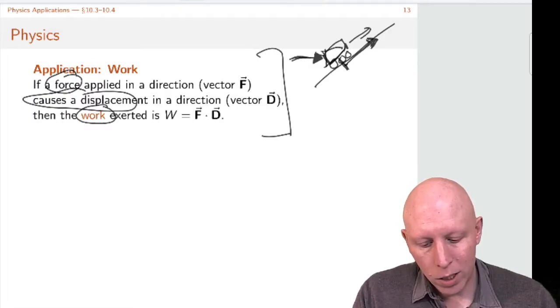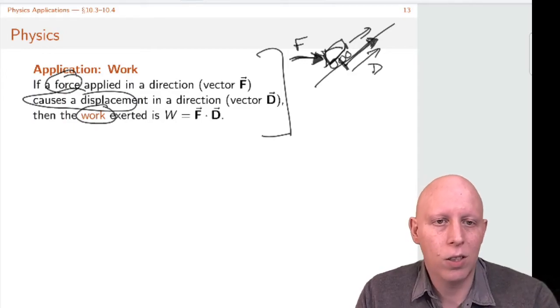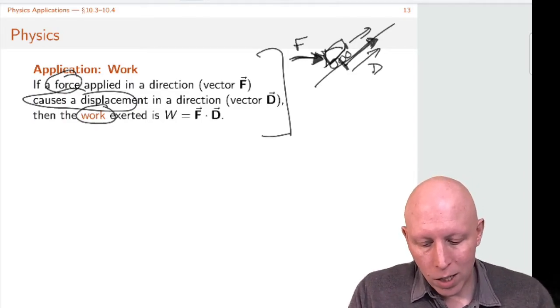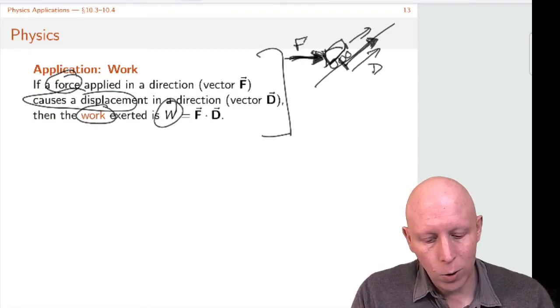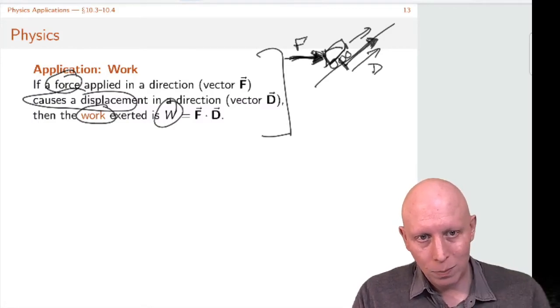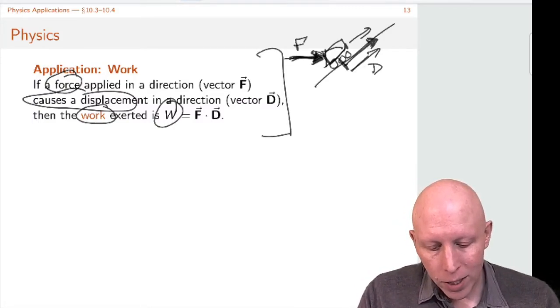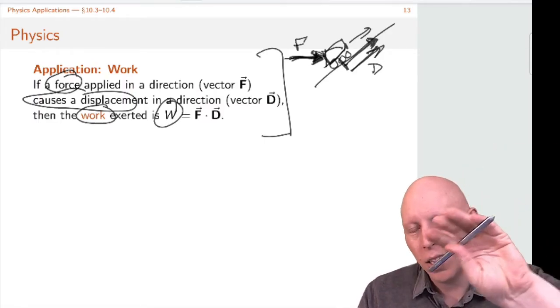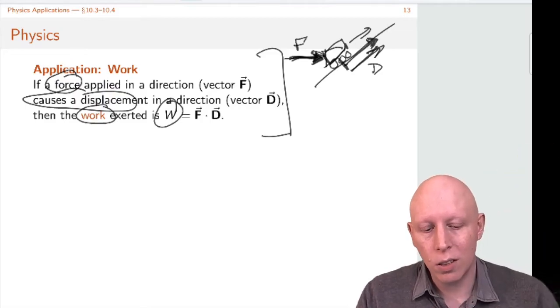So you're pushing in this direction, that's a force. And that ended up moving the cart in a certain direction, a certain displacement. So in order to calculate the work, you take this vector, this force, how much force was used to push the cart in a certain direction, and then you have this displacement vector d that moved, how the object was moved in a certain direction.